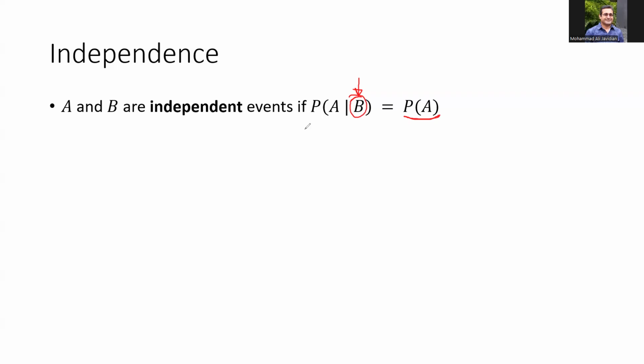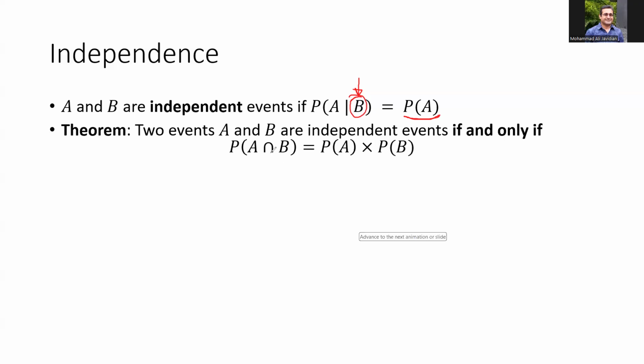It's not difficult to show, using the multiplication rule of probability, that if A and B are independent, the probability of the intersection can be written as the multiplication of their probabilities.